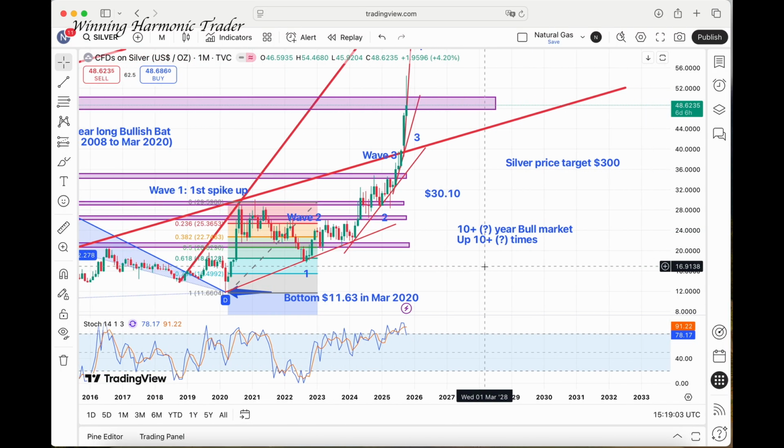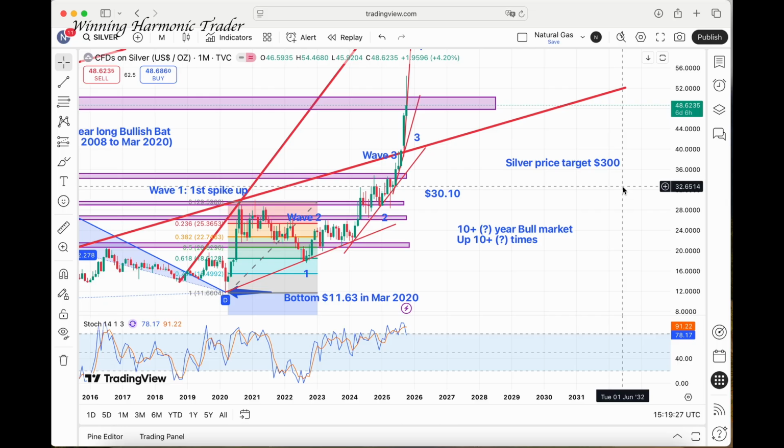But again, as I said, these precious metals usually go to or close to big round numbers. So instead of 250, there's a good chance it can go up to 300 or very close to it, right? So that's my first reason for raising the silver target to 300.